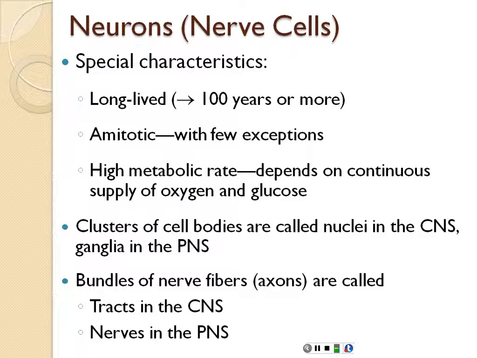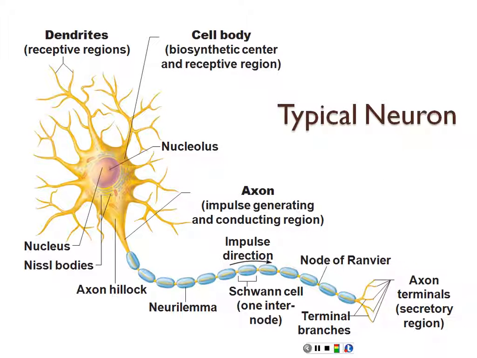So ganglia in the PNS are the same as nuclei in the CNS. And nerves the same way. Nerves are bundles of axons in the PNS. In the CNS, bundles of axons are called tracts. We'll go over that more in chapter 14.